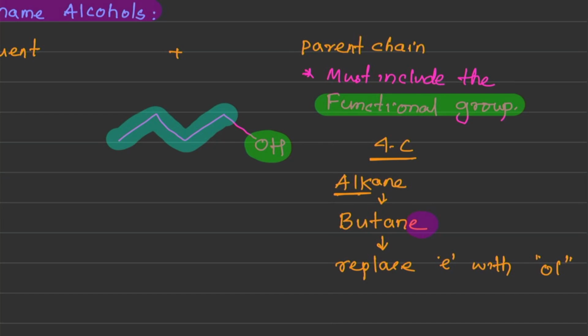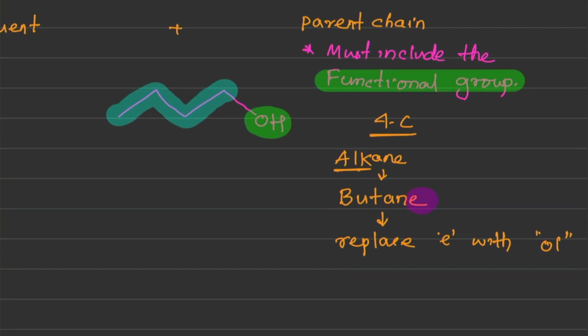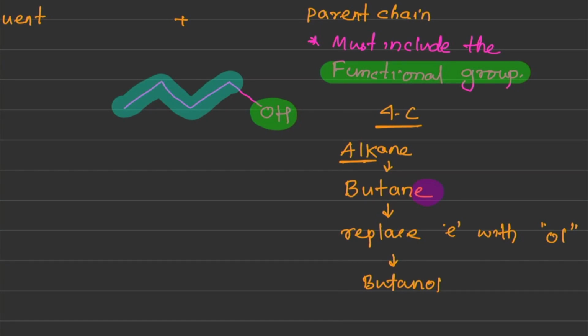That's the common system we have to use. It always starts with an alkane, and then based on the number of carbon atoms in your parent chain, you go with the parent alkane chain name, and then you replace the ending with the proper functional group. In this case we're going to have ol, so it's going to be butanol. We're going to come back to the location numbers.